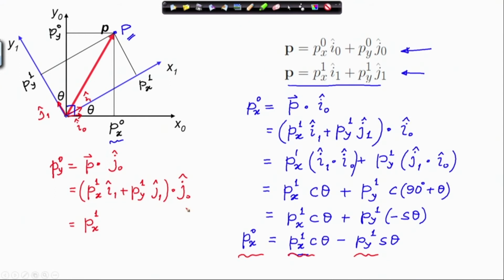Because both are unit vectors, it is the cosine of the angle between i1 and j0. That will be cosine of 90 minus theta, which means sine theta. And then I will have Py1 times j1 dot j0, the cosine of the angle between j1 and j0, which is again theta. So, this will become cosine theta. This you can easily check. So, I have finally these relations.